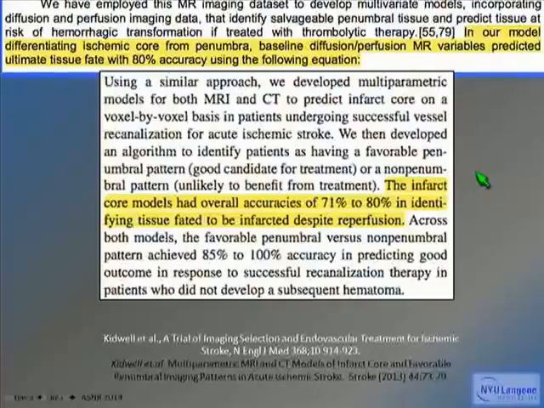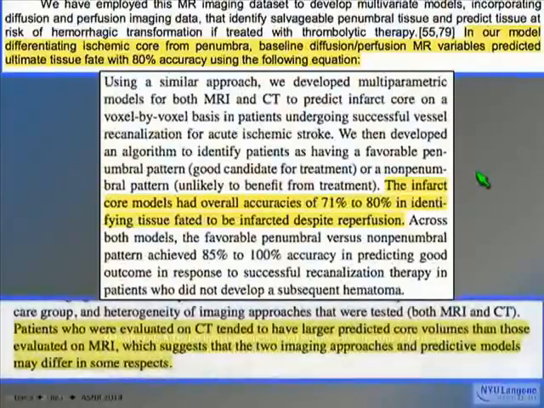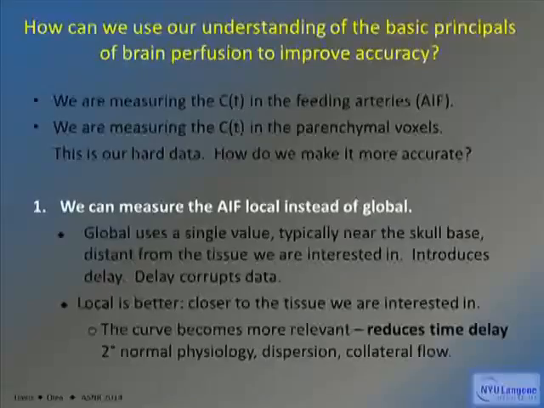In the MR Rescue, they then go on to say, patients who were evaluated on CT tended to have larger predicted cores than those on MR. So not only do you have an underlying 20% difference in accuracy or inaccuracy, you also have a different infarct depending on if you were evaluated with CT or MR. That's a fundamental problem of clinical trials.